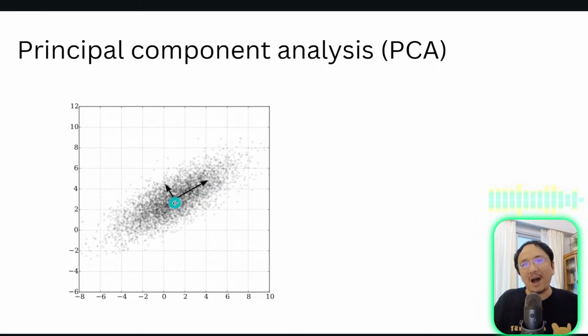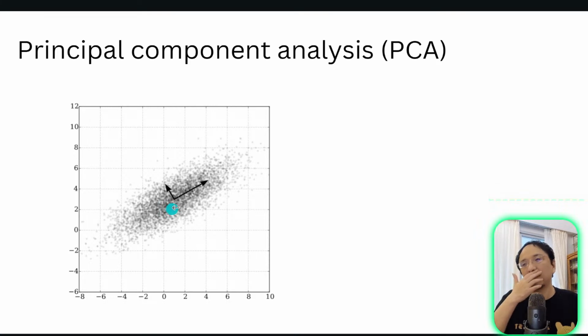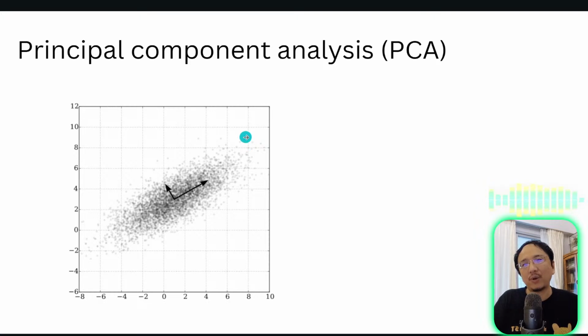So for example, on this direction, if we project every sample on this axis, most of the lengths are going to be kept. For this sample, it will become shorter, certainly, but not as bad as if we project to this axis, because a lot of length is going to be discarded if we project to this axis.